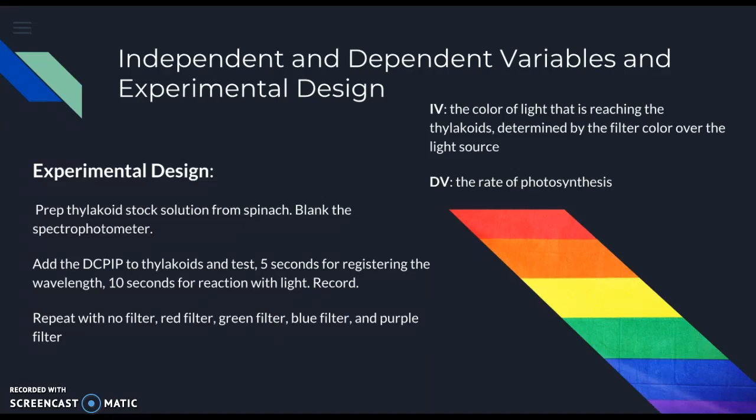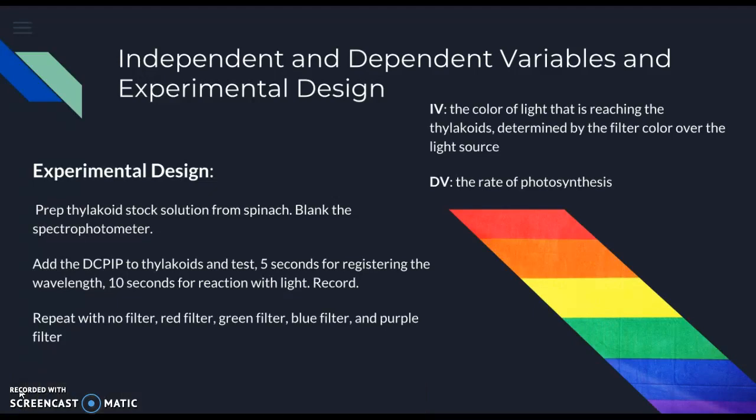We made sure to set the spectrophotometer at 580 nanometers, and we blanked that first to a normal light without using any sort of colored filter, and plotted our data points in a graph. I'll describe how later, just to make sure that the reaction was consistent and it wasn't going too fast.